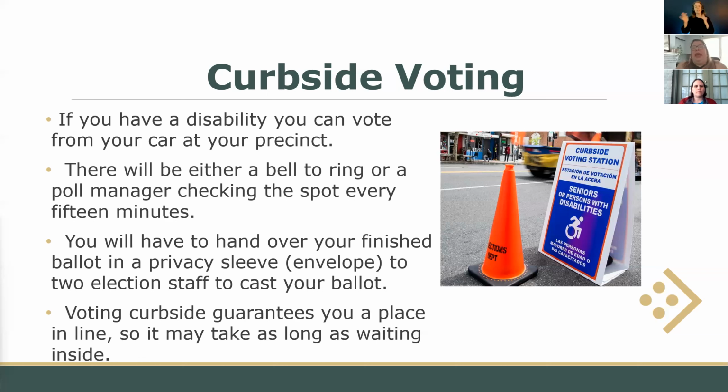So curbside gets a little complicated, and I find it to be my responsibility to explain how curbside works, so you can decide whether or not that's the best option for you. The new voting machines that we had in 2020 have a part A and a part B of the machine. This is how I explain it.